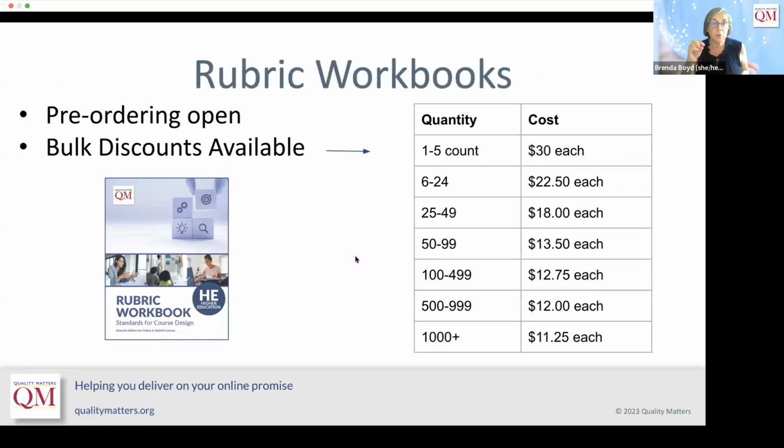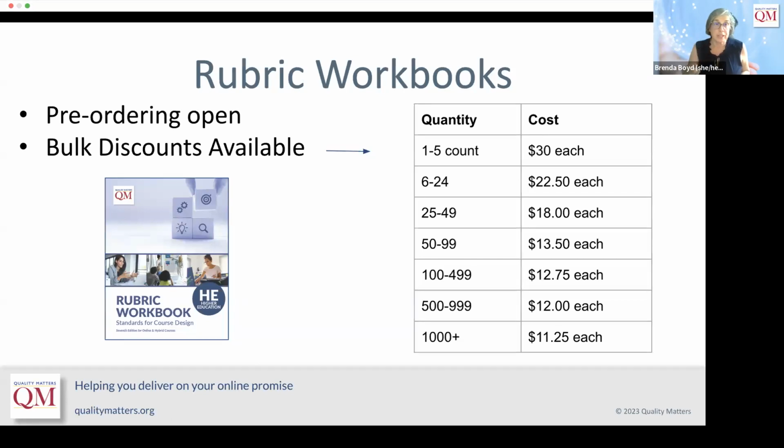So if you would like to pre-order rubric workbooks for your campus, you can do so. We recommend doing bulk orders, because you get bulk pricing. The more you order, the less they cost. If you just order one rubric workbook, it's $30.